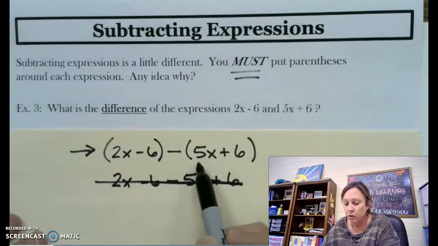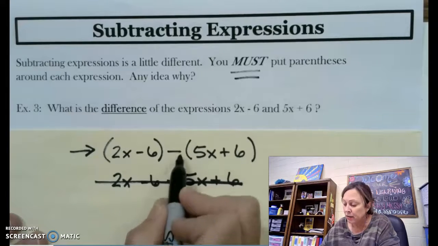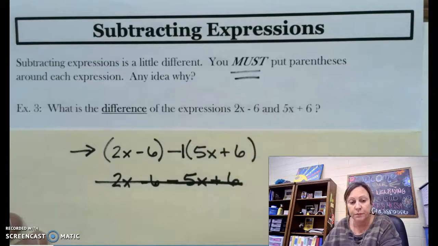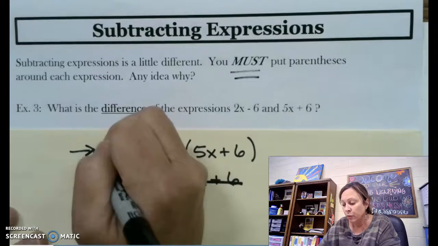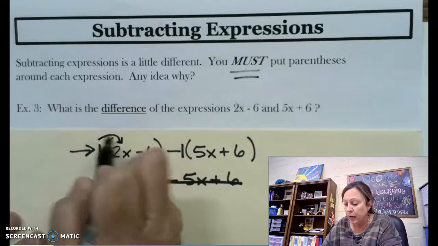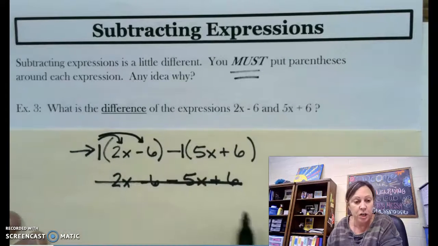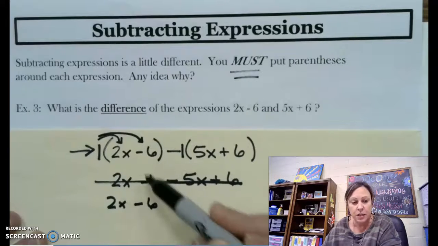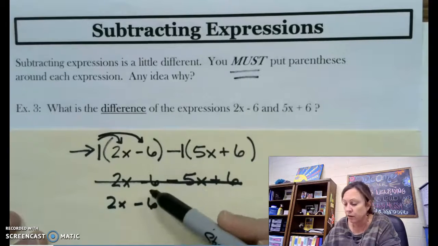Because we have no values outside of our parentheses, again, we can assume that there is a 1 outside of parentheses. We can assume that there's a 1 here also. When we distribute a positive 1, nothing changes. We're left with 2x minus 6. So you can see that really I'm just bringing that straight down.